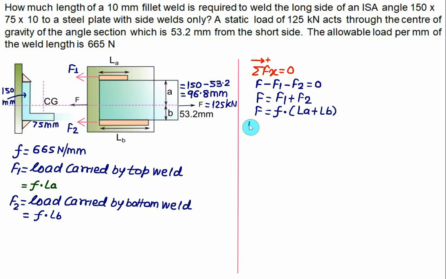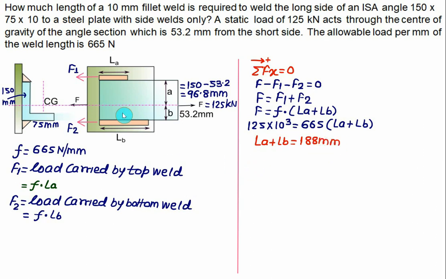We have F equal to 125 times 10 to the power 3. The F value is equal to 665 multiplied by LA plus LB. The total weld length LA plus LB is equal to 188 mm. Now the second equation is known to us.